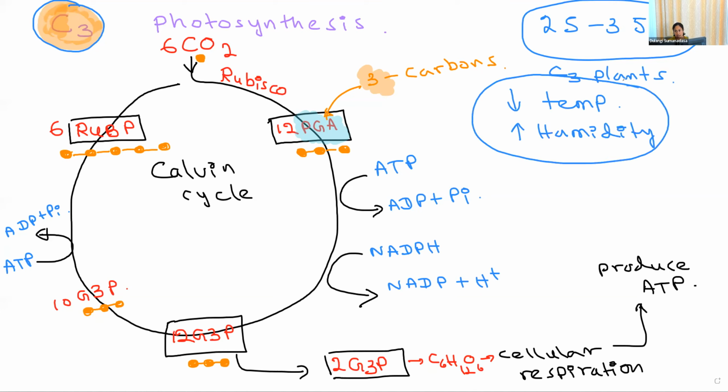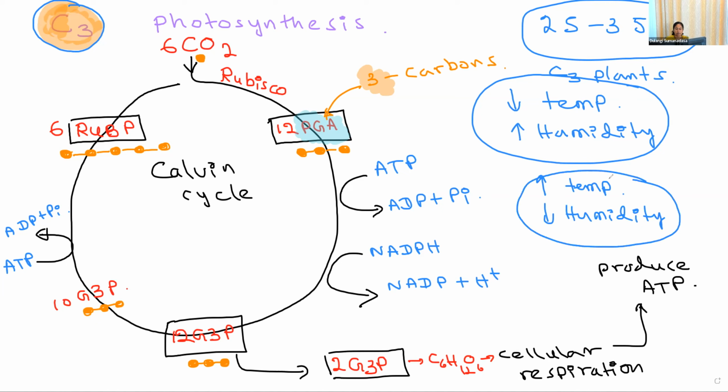So because of this, most of the time they will undergo the normal Calvin cycle. Right? So the C3 plants always do the normal Calvin cycle. But sometimes if the temperature increases and the humidity decreases, I did all these things last week.